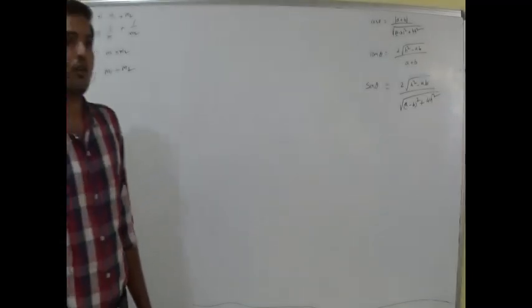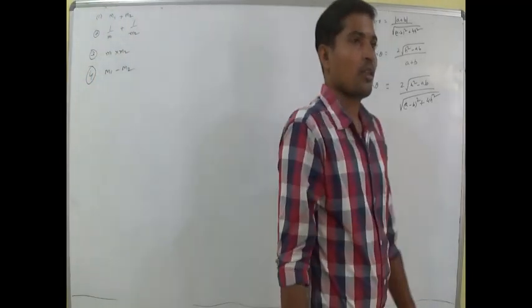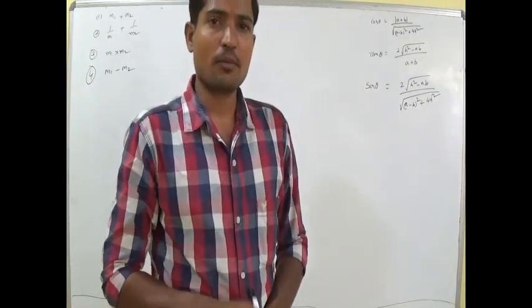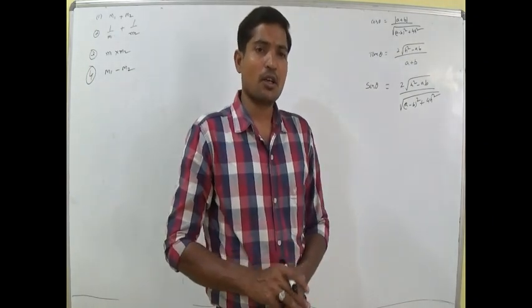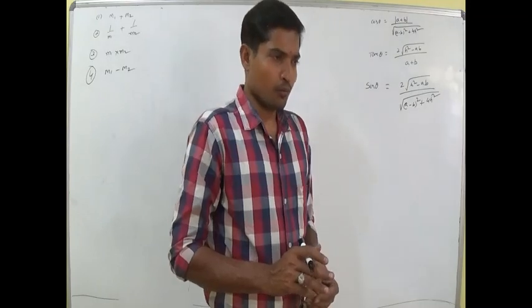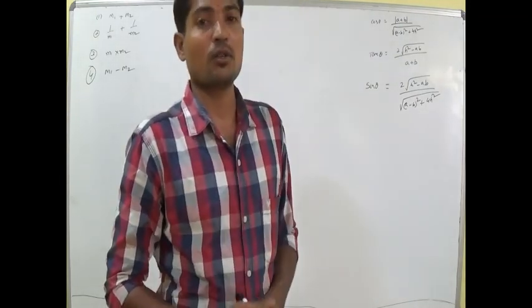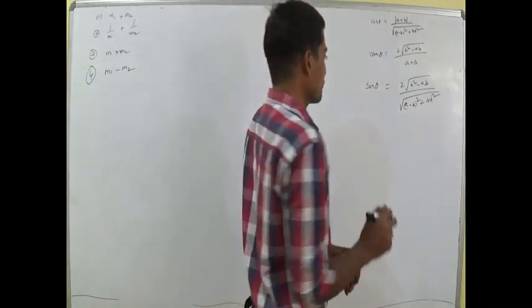You have to remember one formula we discussed already. ax square plus 2hxy plus by square equals 0. Then the product of the slopes equals a by b, and the sum of the slopes equals minus 2h by b.